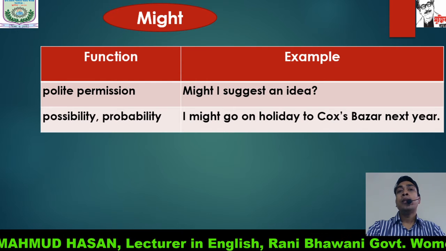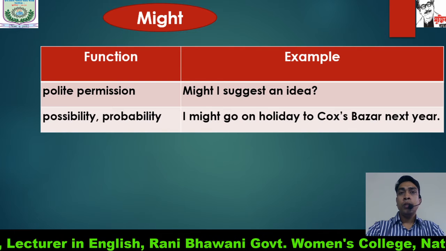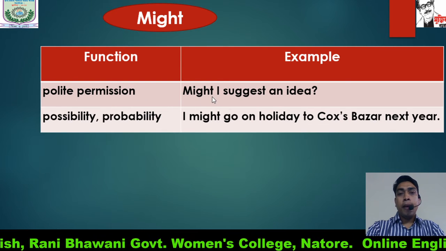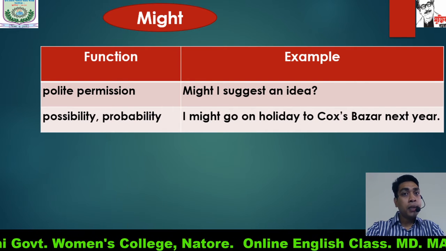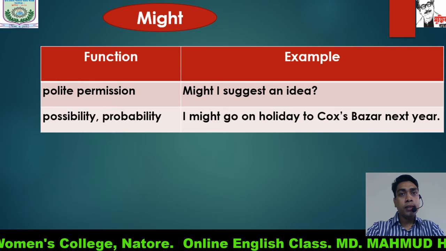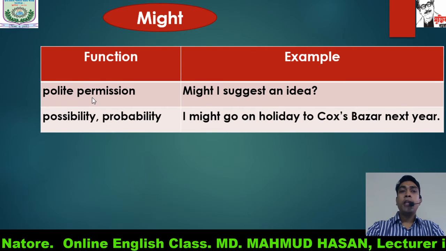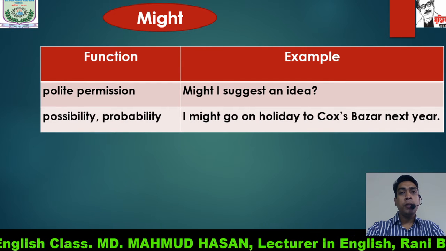For showing decency and seeking permission, we use the modal might. Example: might I suggest an idea? This is actually polite permission. For seeking polite permission, we use might.